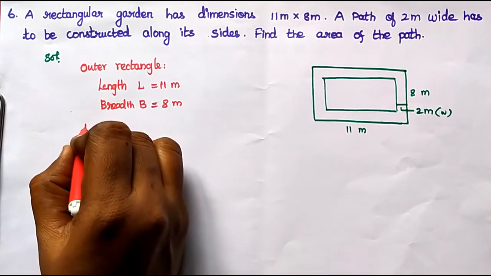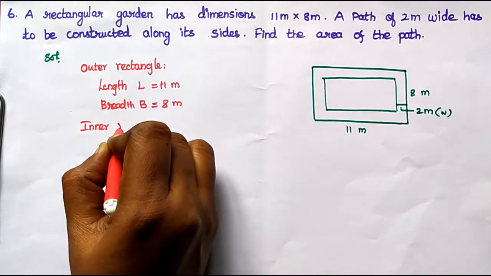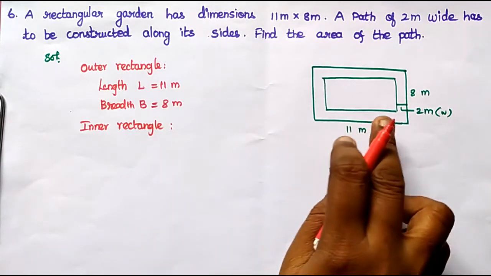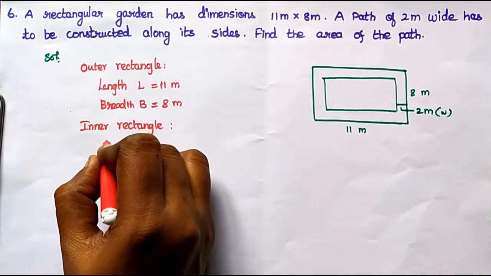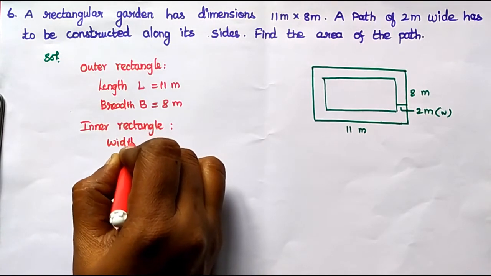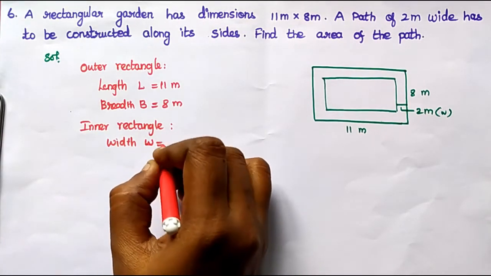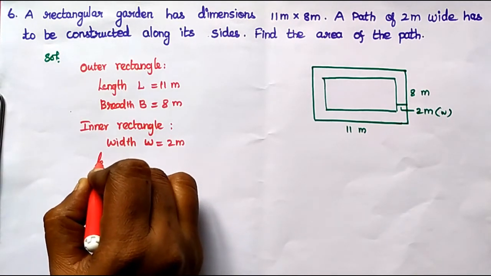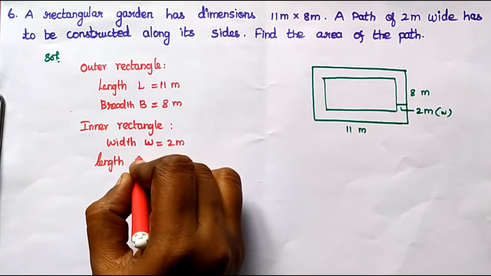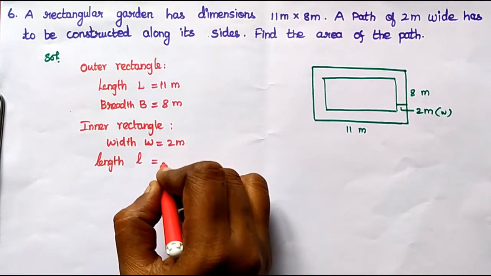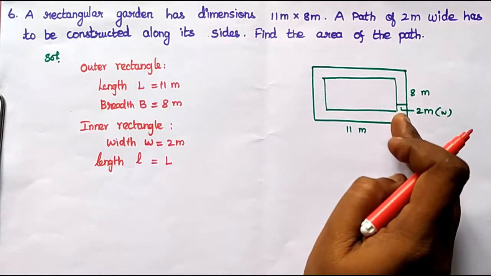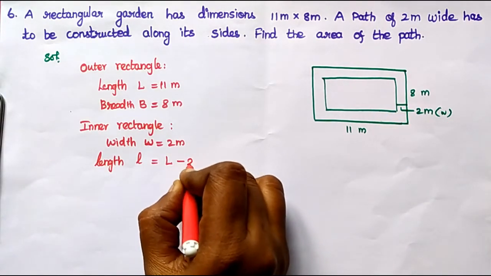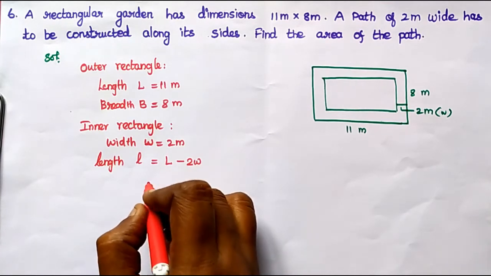Now we want to find out the inner rectangle. They have given the width W equal to 2 meter. Now inner length is L minus 2W, 2 into width.